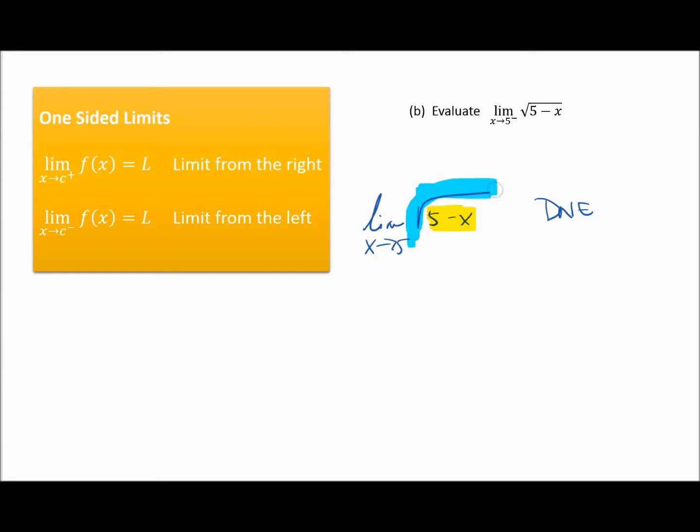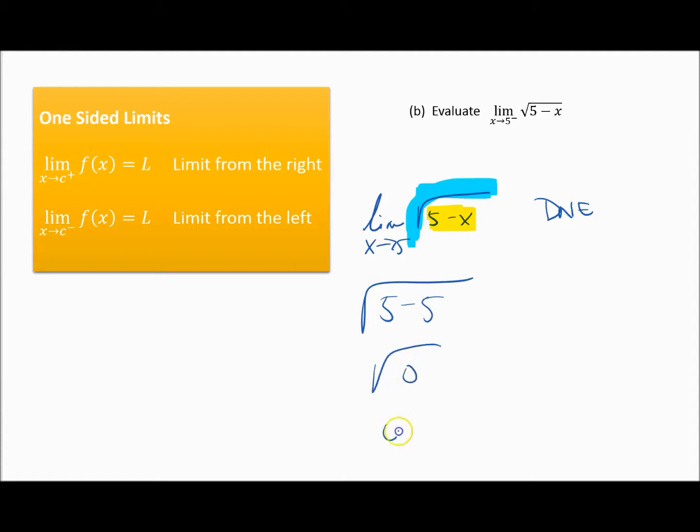But we have a property that says if you can take the limit of each of these by just plugging in the number, that you can do that. In other words, we just need to plug the number into this function. But keep in mind, you're only doing this from the left because this function is only defined for numbers 5 and less. That's it. So it's as simple as just plugging 5 in, the square root of 5 minus 5.